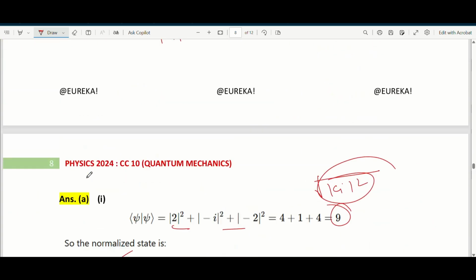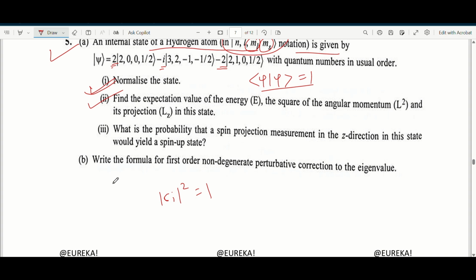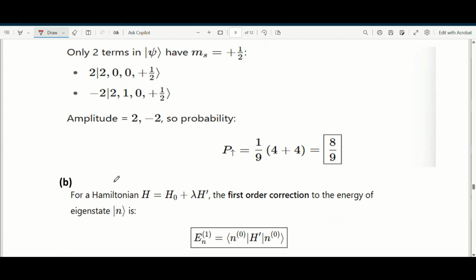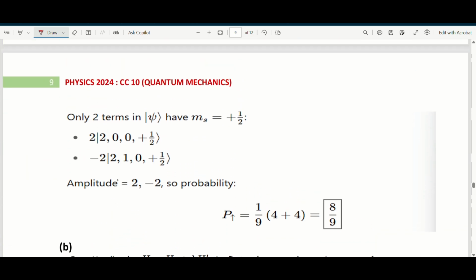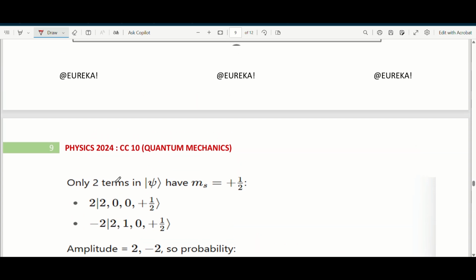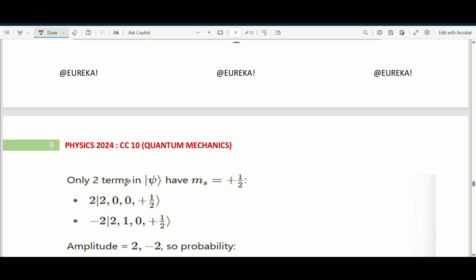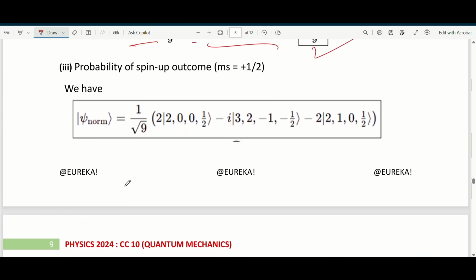After that, we have to find the probability that the spin projection measurement in the z direction is the spin up state, half H cross. So here the state is given as this.